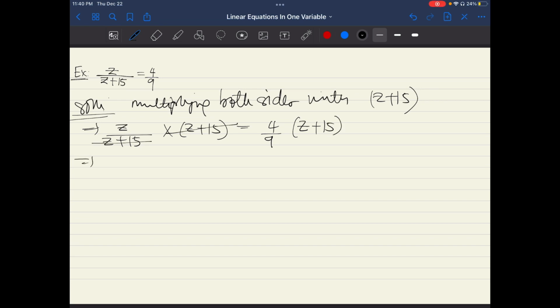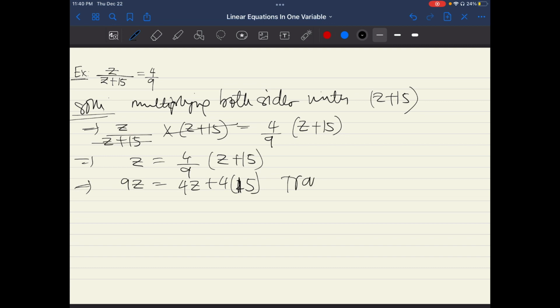Now z gets eliminated from the denominator and we're left with z equals 4 over 9 times z plus 15, and now we can definitely simplify this. It turns out to be 9z equals 4z plus 4 times 15.